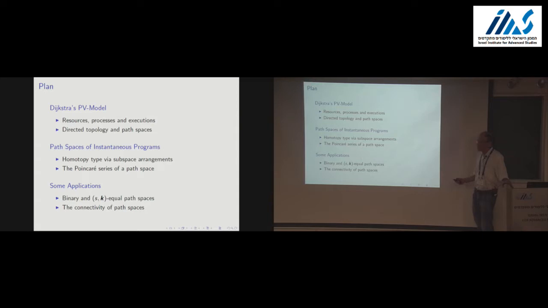In that case, we can actually write the homotopy type, or rather the Poincare series of the path spaces, in terms of the combinatorics of the model. And finally, we'll see some applications to some previously known and some previously unknown things.